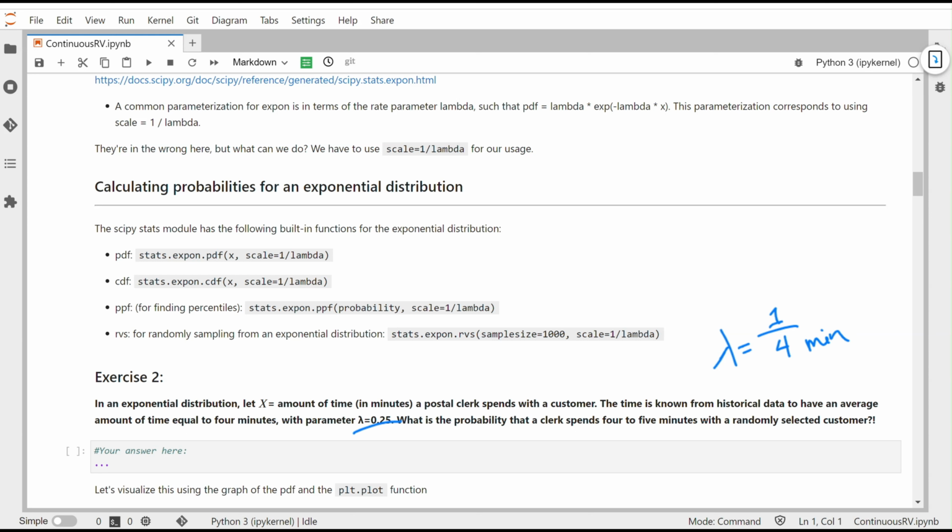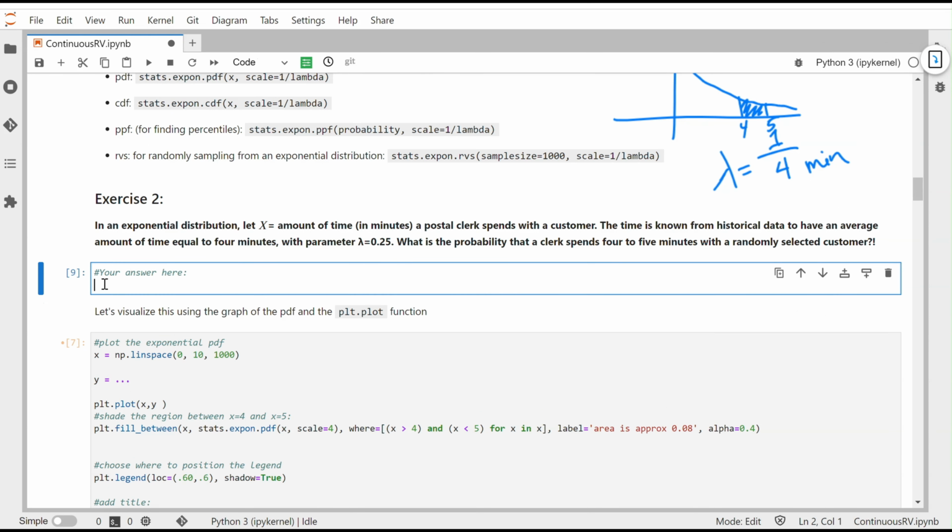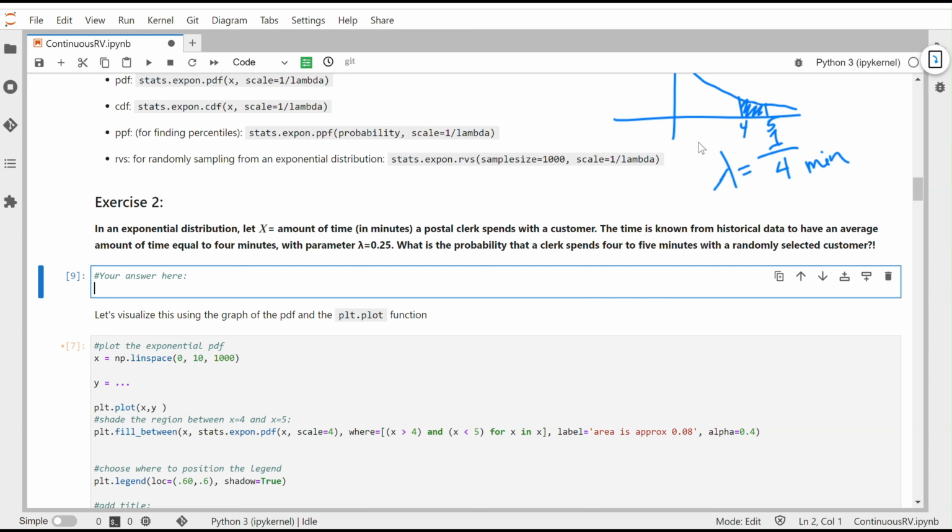All right, now I want the probability the clerk spends 4 to 5 minutes. So I have an exponential distribution, which we're going to plot down below, but let me just eyeball it, and I want the area between 4 and 5. So to do this, I'm going to take the difference between two CDF values. First, think of this curve.